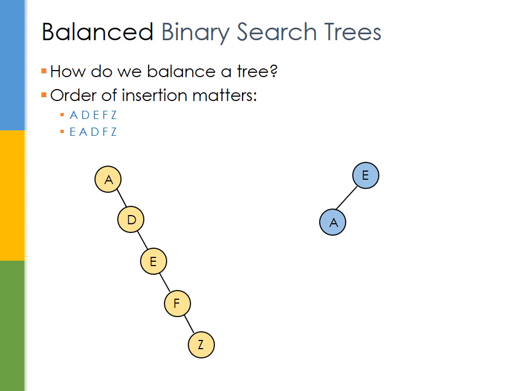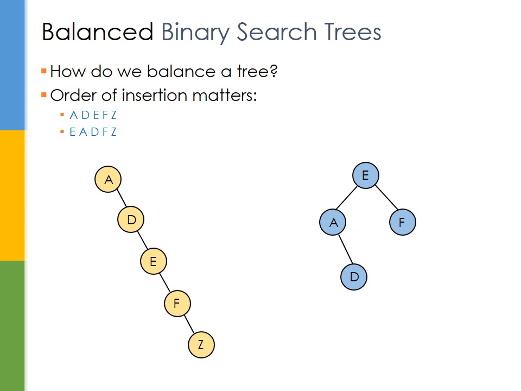Next we insert D, so we see that D is alphabetically before E, but alphabetically after A, so therefore it's inserted as the right child of node A. Next we insert F, so we see that F is of course alphabetically after E, meaning that this character is inserted as the right child of the root node.